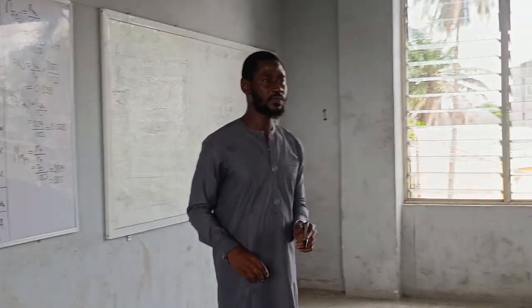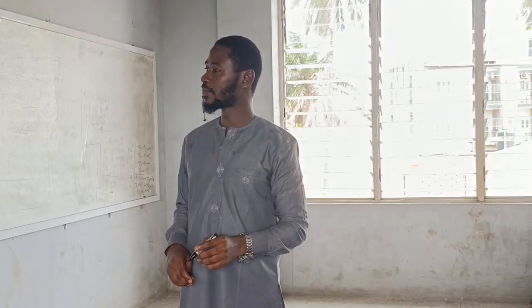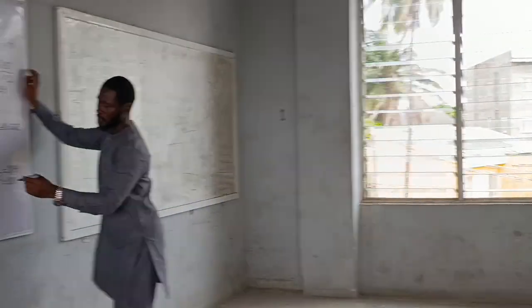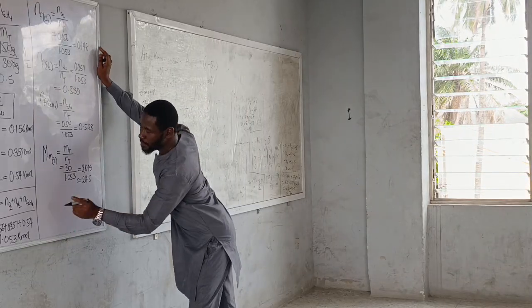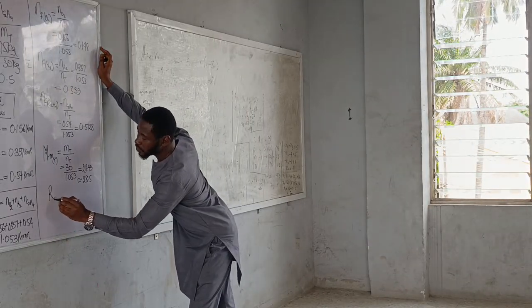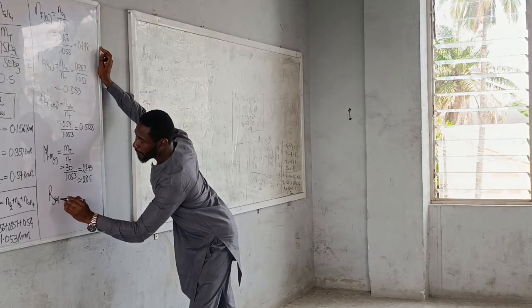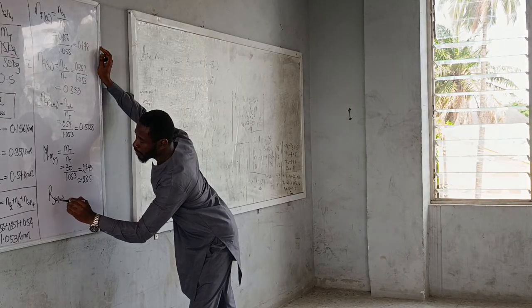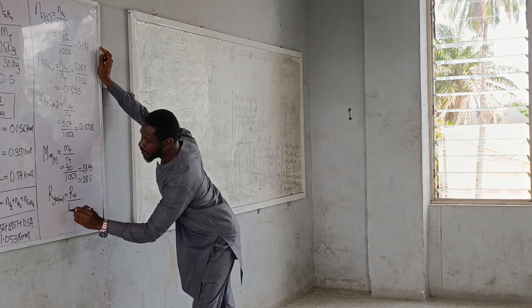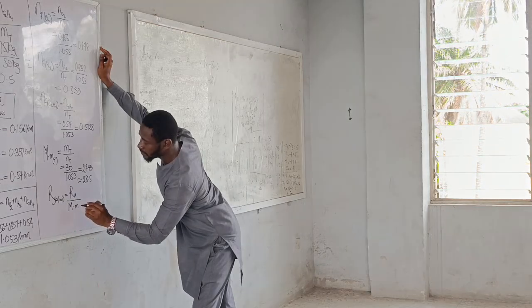And lastly, we are asked to determine the gas constant of the mixture. So we go back again. Going back to this expression, the gas constant of the mixture equals the universal gas constant divided by molar mass.